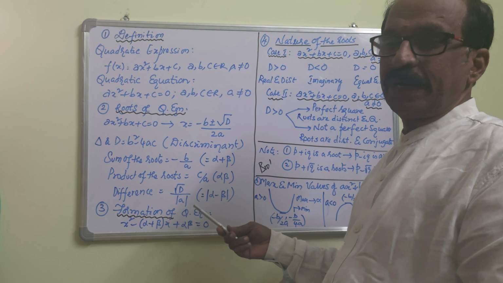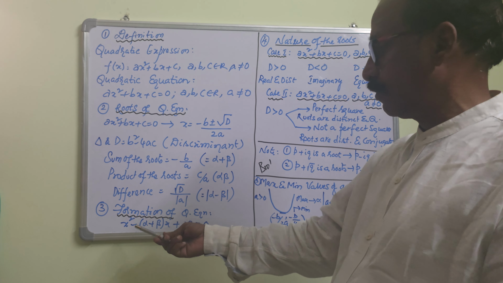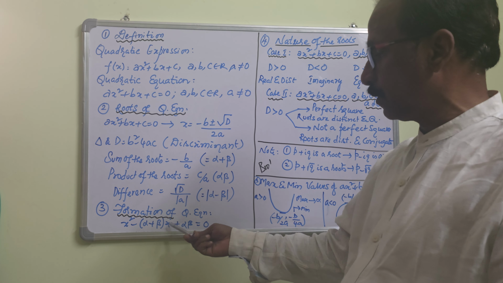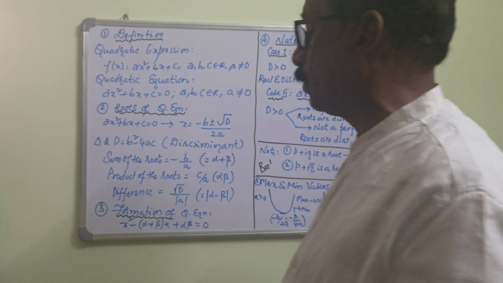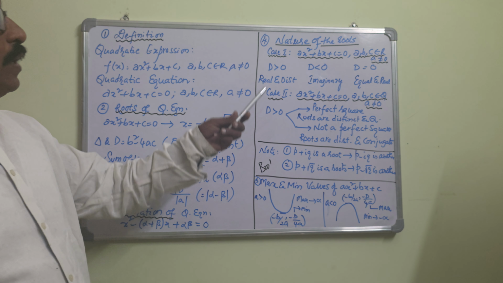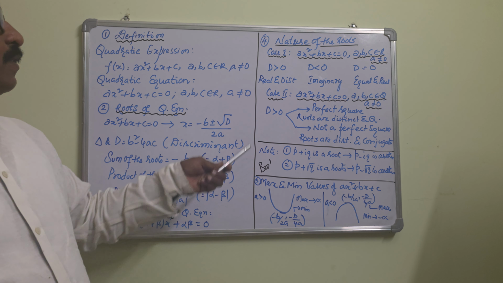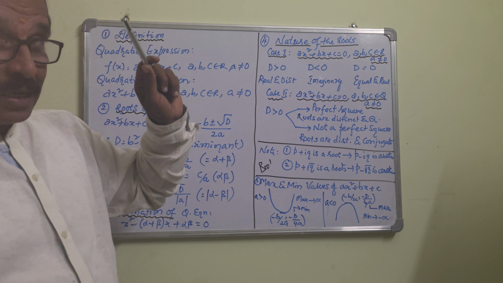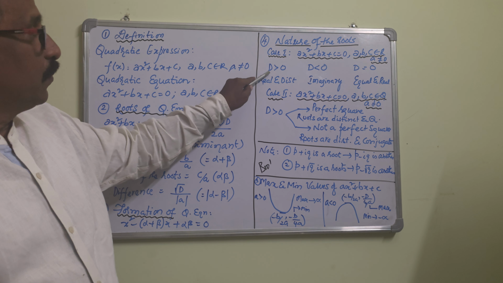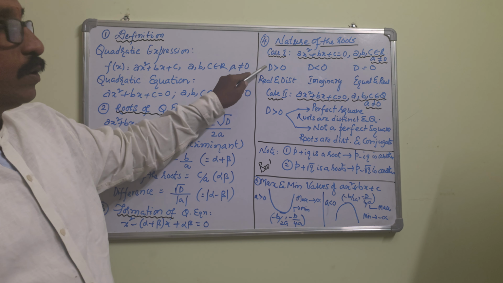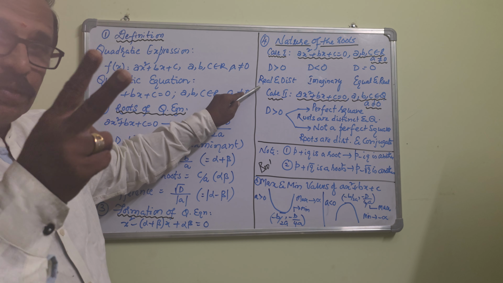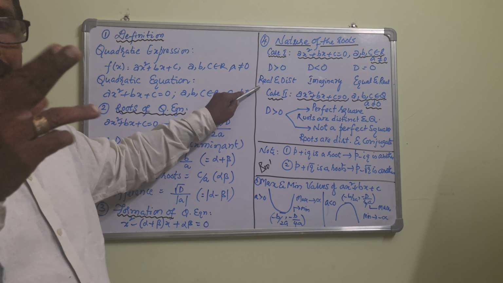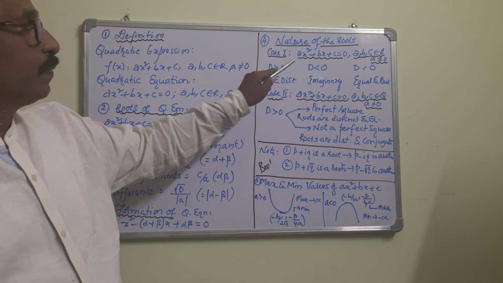And formation of a quadratic equation, when roots are given: x² − (sum of the roots)x + product of the roots = 0. And when a, b, c are real numbers, if the discriminant is more than 0, then both the roots are real, but unequal, distinct roots.